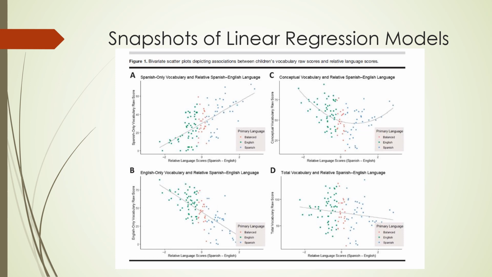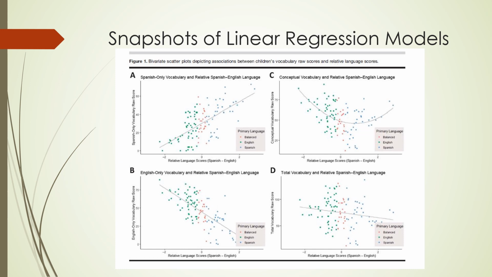If you look up at C, this is what they considered a quadratic trend because it starts like it's going to be a negative linear association, and then the Spanish actually pulls that line of regression back up into the quadrant across from the first quadrant.